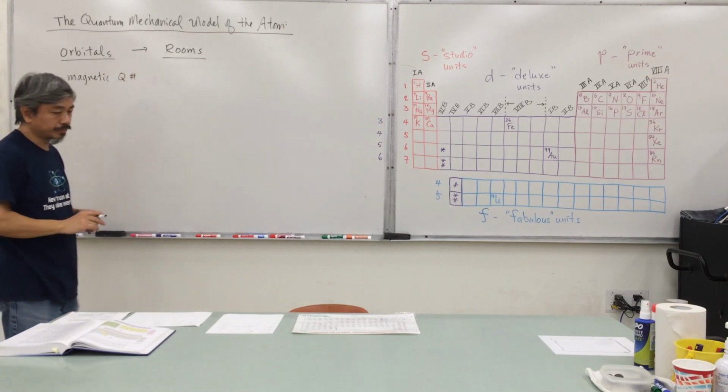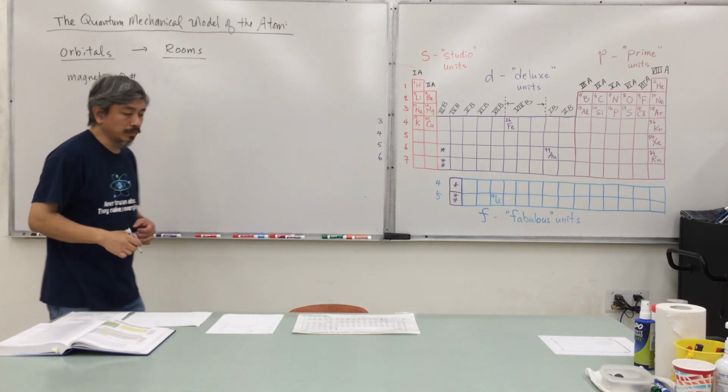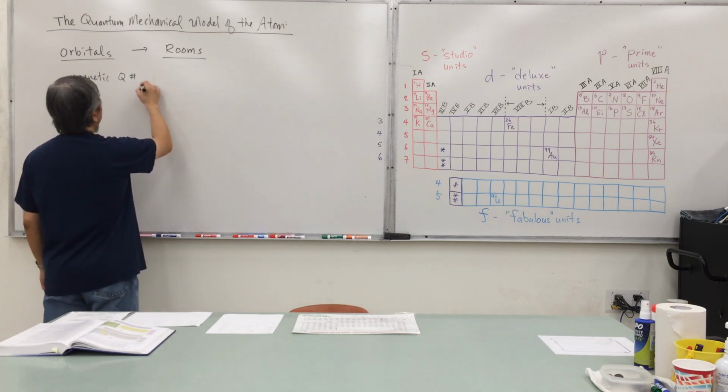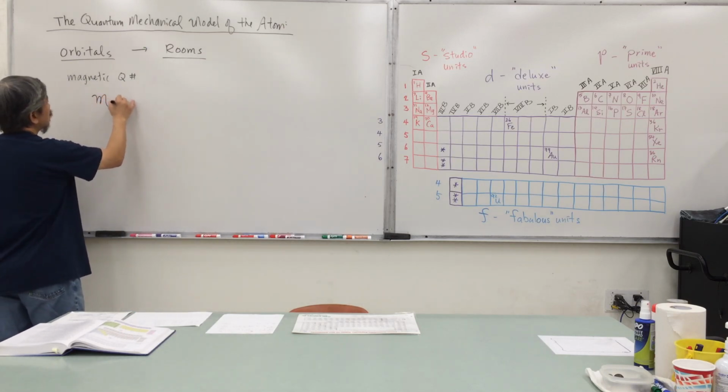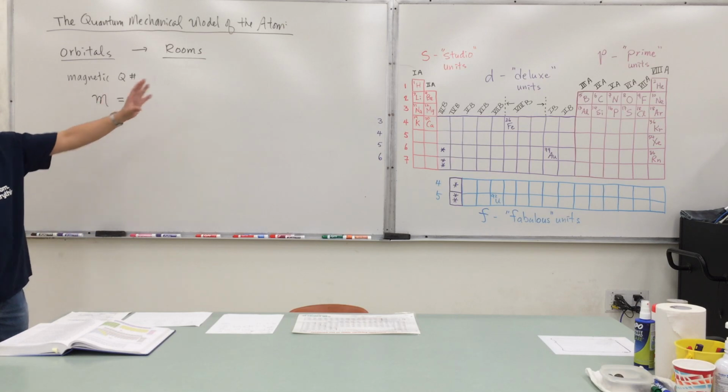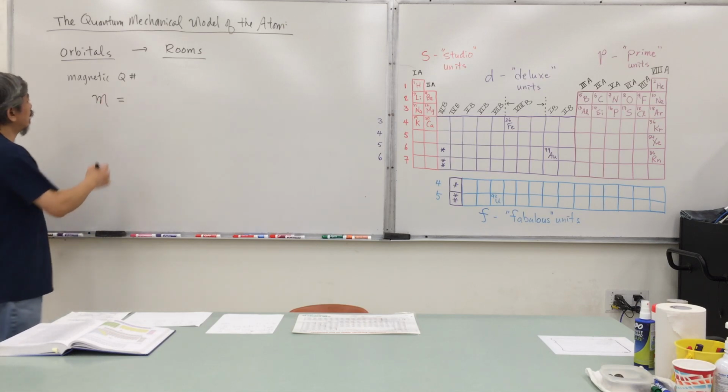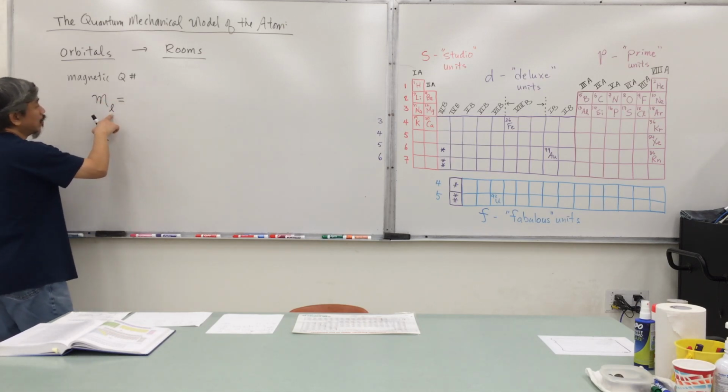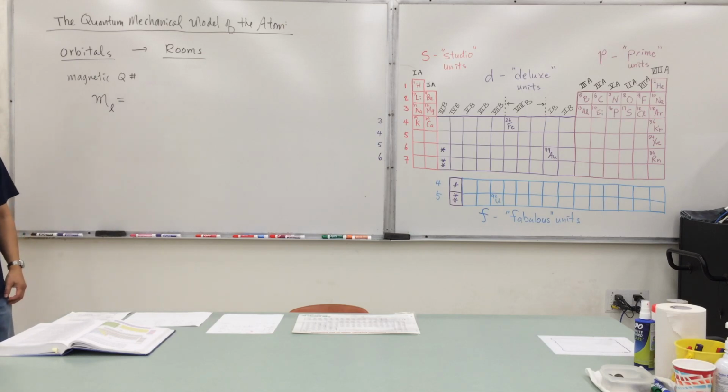The magnetic quantum number uses the letter M to designate the number of possible rooms in there. This depends on your unit itself. Depending on what L is, there's a certain unit that you're going to be looking in. Then that unit will have a certain number of rooms designated by this number, M sub L.